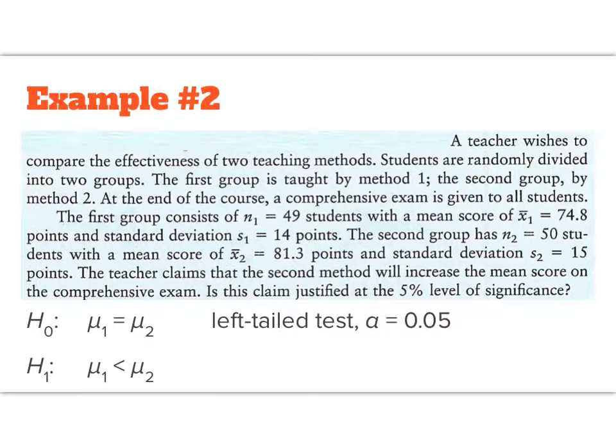That is that it's a left-tailed test. At a 5% level of significance, the critical value we are interested in is negative 1.645. So if we can get our z-score lower than negative 1.645, we have a winner. We'll reject the null hypothesis.